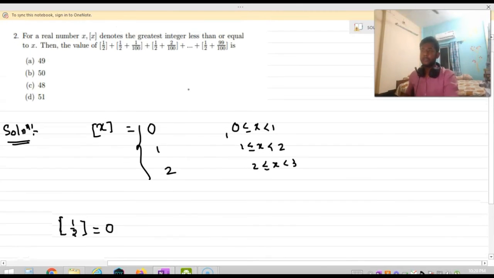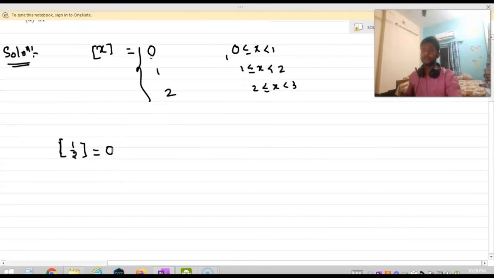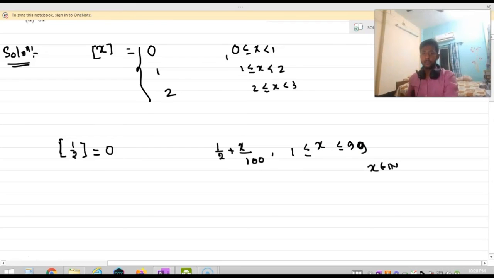Now I am writing this term in a general form, that is half plus x by 100, where x lies between 1 and 99 and x is a natural number. Let us check the values of x for which box of half plus x by 100 becomes 1.